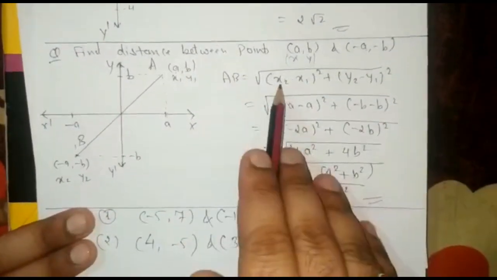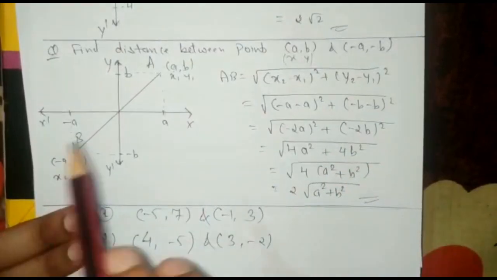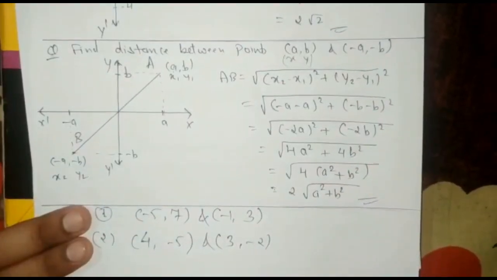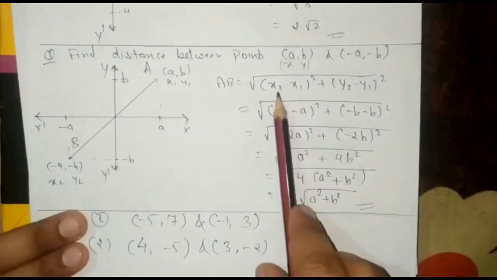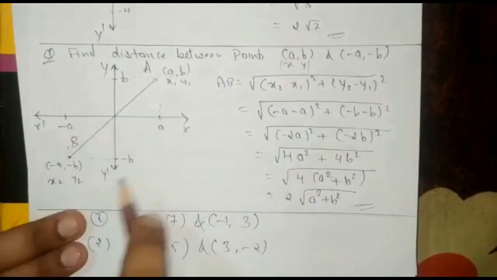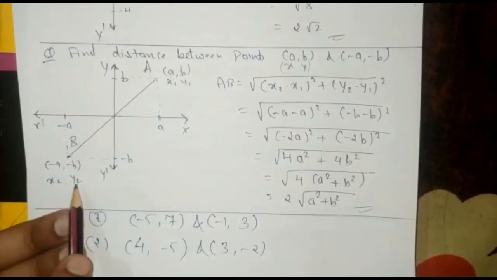AB will be equal to the square root of (x2 minus x1) the whole squared plus (y2 minus y1) the whole squared, as we have discussed in the previous video. Here point A represents (x1, y1) and point B represents (x2, y2).